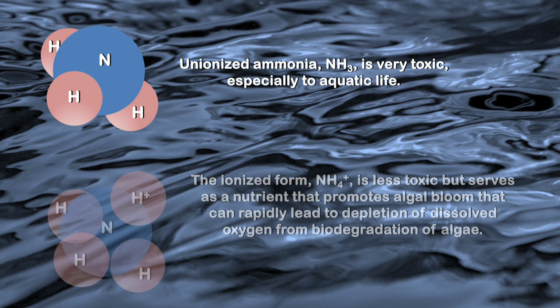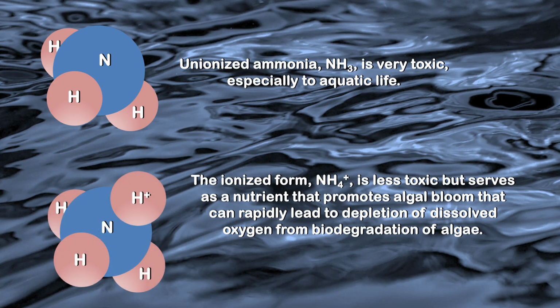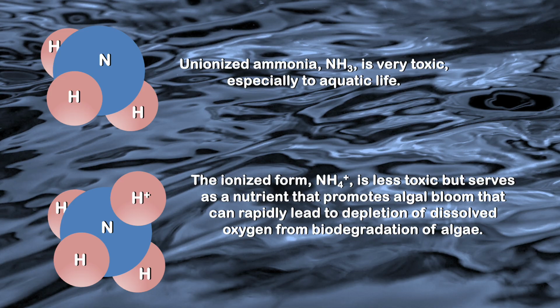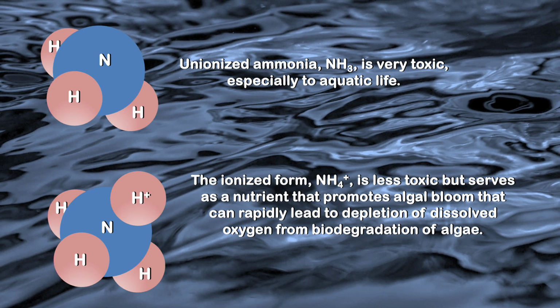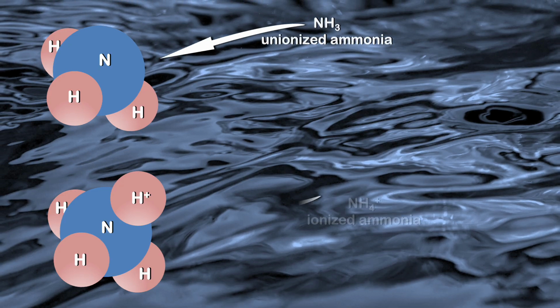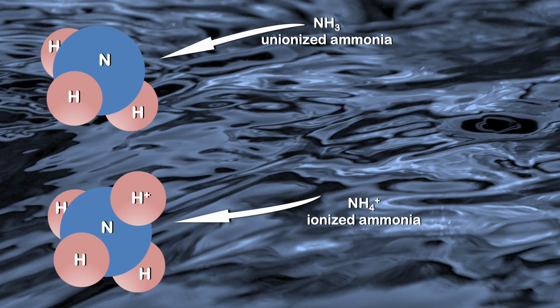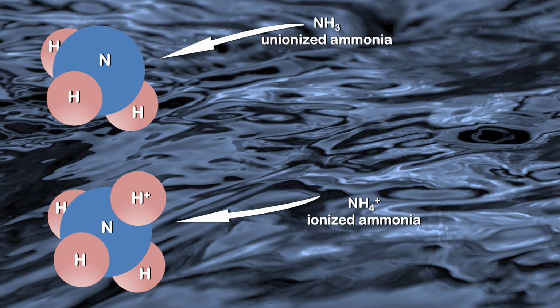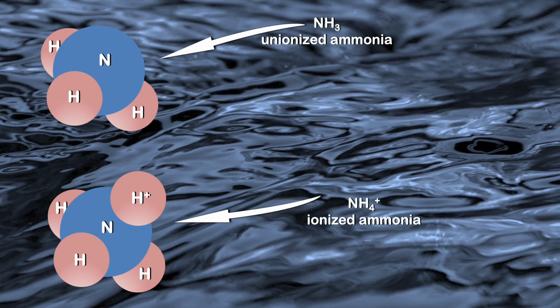The ionized form, NH4+, is much less toxic, but it serves as a nutrient that promotes algae blooms. Algae blooms can rapidly lead to depletion of dissolved oxygen through biodegradation of decaying algae. The distribution in water between unionized and ionized forms depends very strongly on pH.